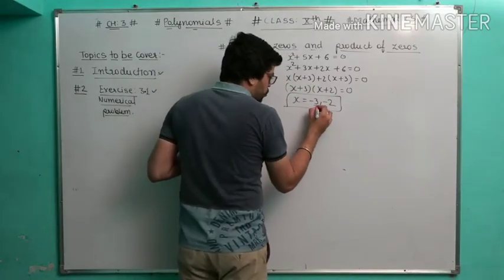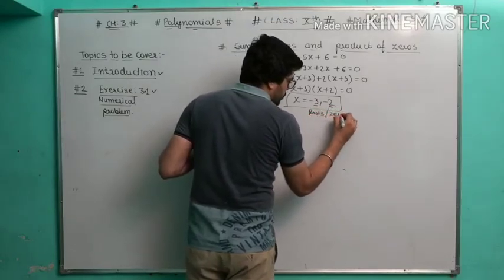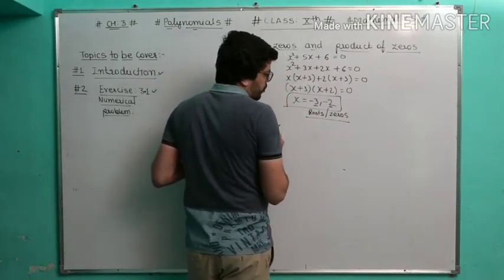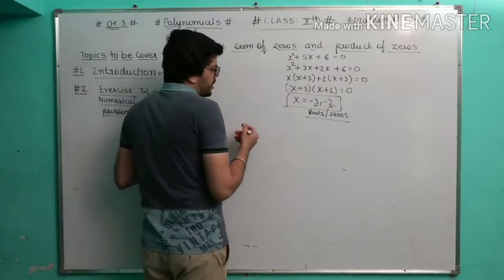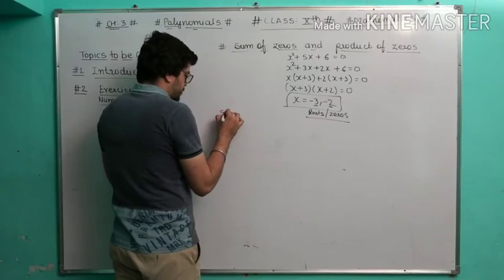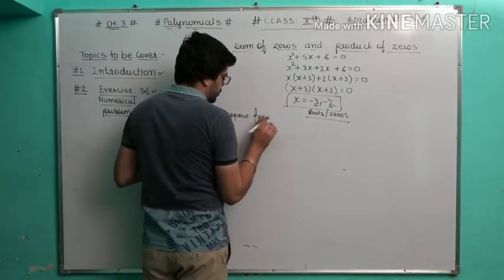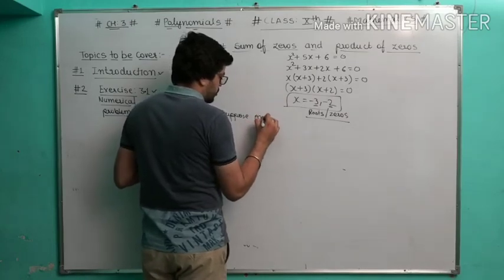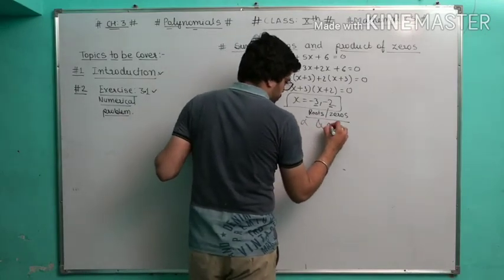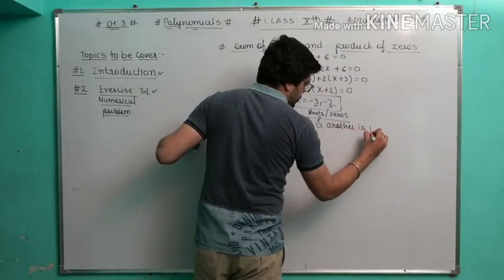So this is called roots, this is also called zeros, and on the basis of this we have to form the formula. Let's try to understand. Suppose this is alpha and this is beta, so we have to find the formula. Suppose one root is alpha and another is beta.